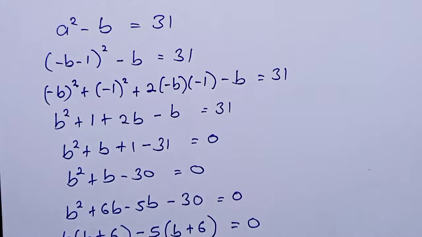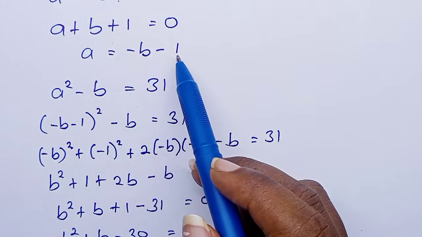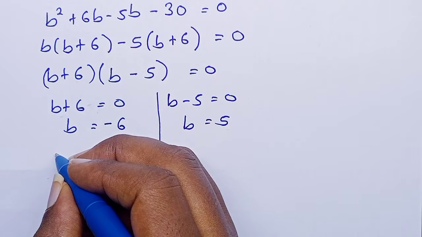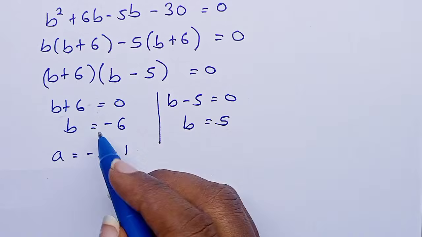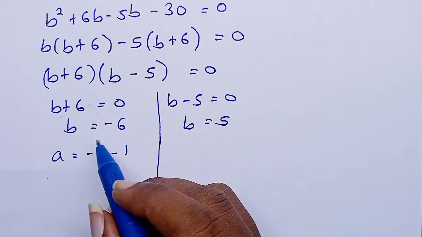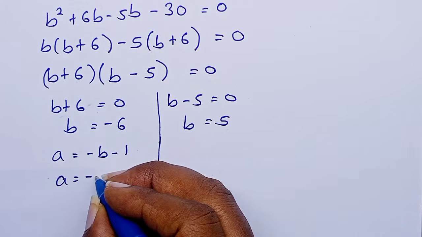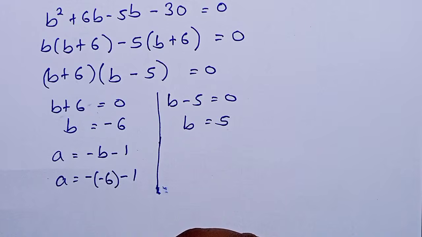Now from our value of a, we got a is equals to minus b minus 1. So since a is equals to minus b minus 1, and we have got for this one b as negative 6, a will be equals to minus negative 6 minus 1.